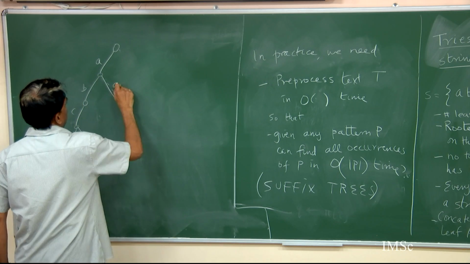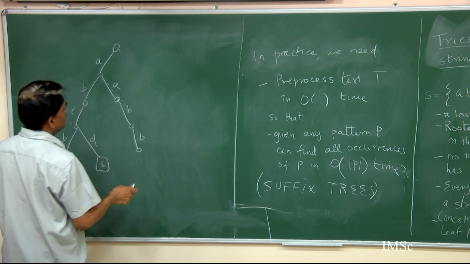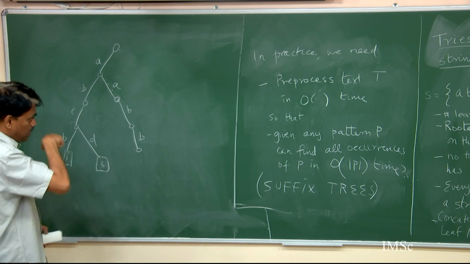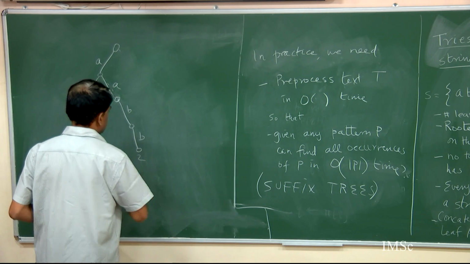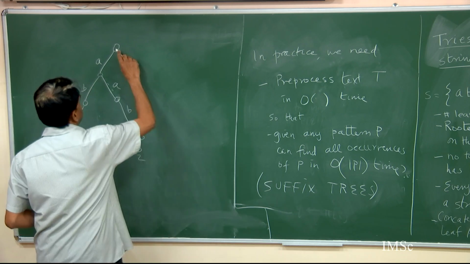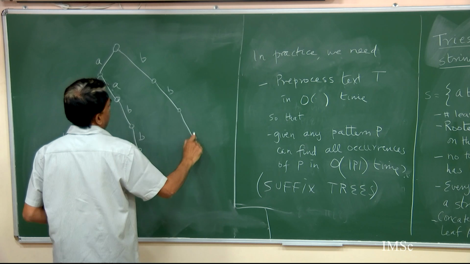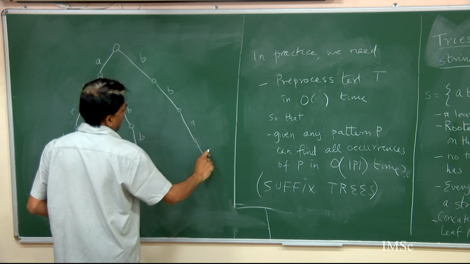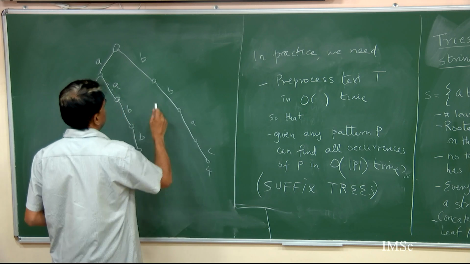The way to construct it is to insert one string at a time. This corresponds to string number 2, and BBAC. There is nothing starting with B from here, so I'm going to do BB. That corresponds to 4, and BACD.